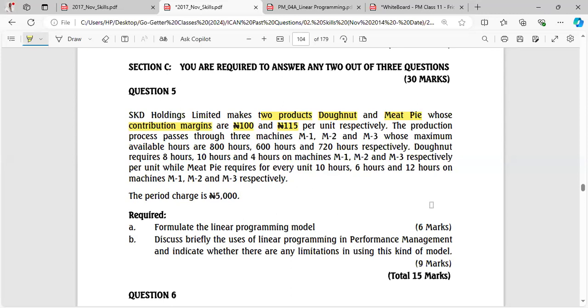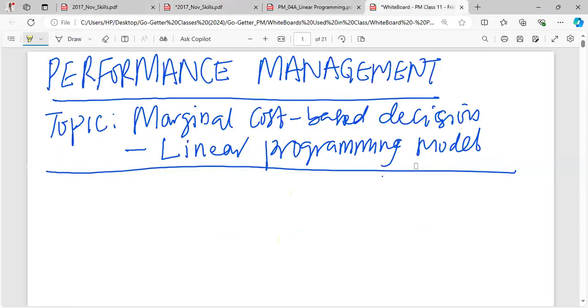Now we are asked to formulate the linear programming model. This is a very simple question, and I will expand on it more than this. So, how do we formulate the linear programming model? I'll go back to the question now.